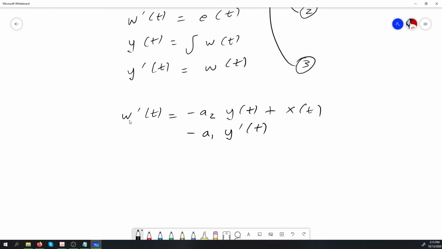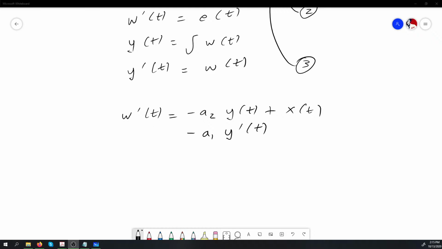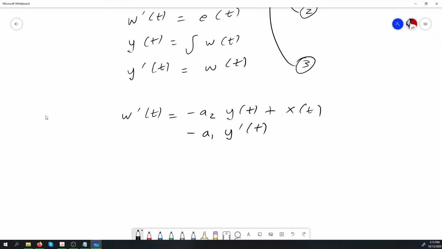But the left hand side of our equation is omega prime of t here accordingly. So we need to get rid of this omega prime of t. In order to do that, if we watch equation 3 here, and we differentiate this once more, you get y double prime of t is equal to omega prime of t.